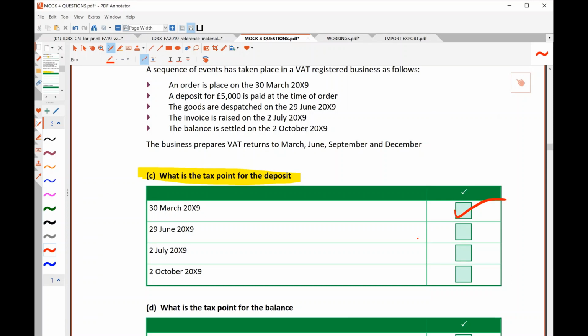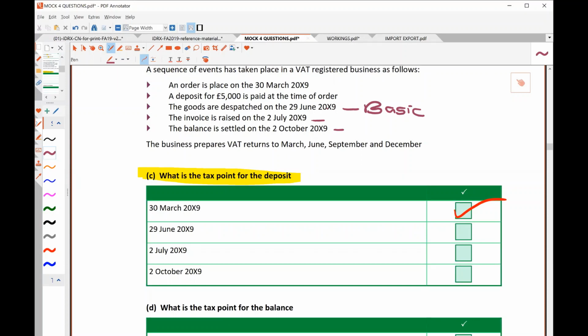So if we're looking at the dispatch date of the 29th of June, that's our basic. Are either of these last two statements before that date? They're not, are they? Okay, so at the moment we're still looking at our actual as being the 29th of June, but we've got one more check.